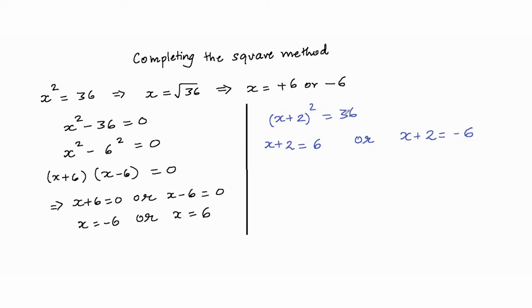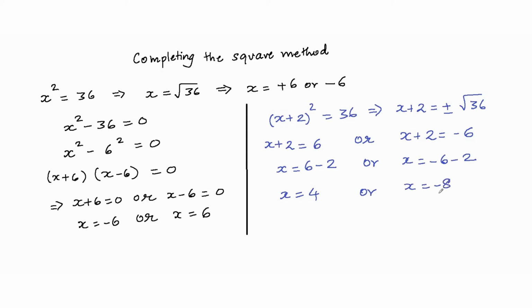That's because I took the square root of 36. So I can write this as x plus 2 is square root of 36, and of course with a plus or minus sign, because we know that square root of 36 could either be positive or negative. And therefore this would imply x is equal to 6 minus 2 or x is equal to minus 6 minus 2, which means x is equal to 4, or I can say that x equals minus 8, right?